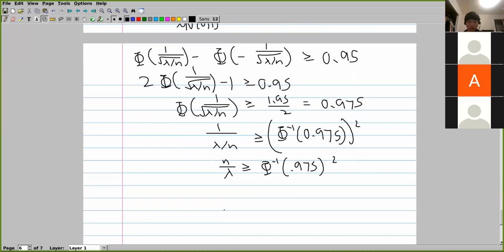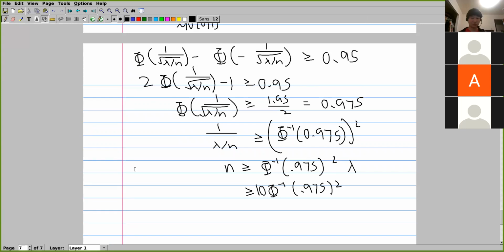Yeah, we're trying to find n. So n must be greater than this times lambda. Since lambda is at most 10, this means that we can replace that with 10. And this is it in terms of CDF.